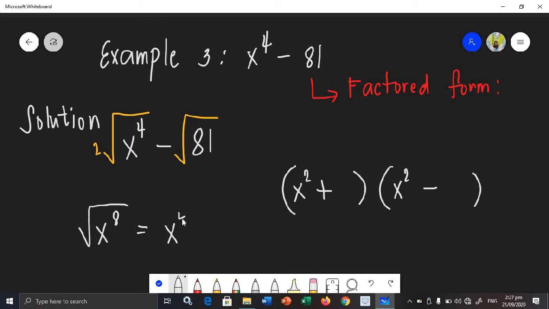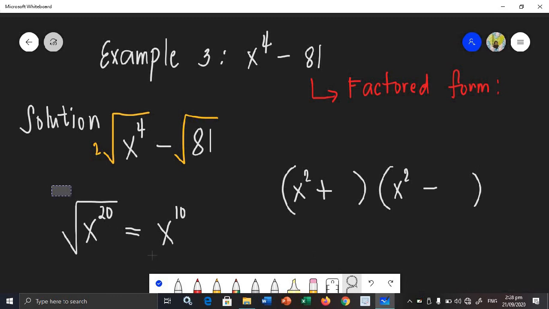Nagets ba yon? Of course, madali lang naman yan. How about another, let's say, square root of x to the 20th power. So, kakalahatiin niya lang ulit. So, x to the 10th power. Ganun lang siya i-solve.